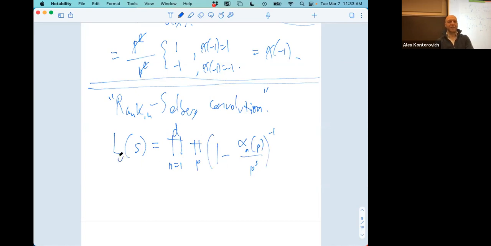So let's call this L alpha. I'm calling that a degree D L function. The L functions that we've seen so far are degree 1 L functions, GL1. Okay, product over all primes, and we saw characters here.